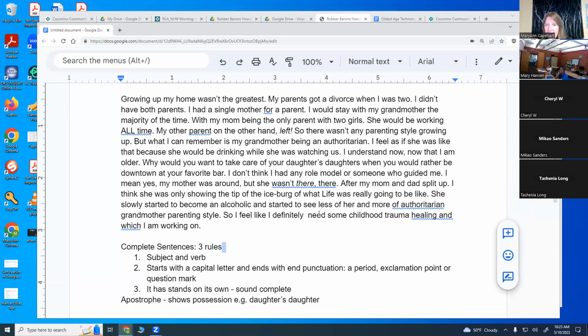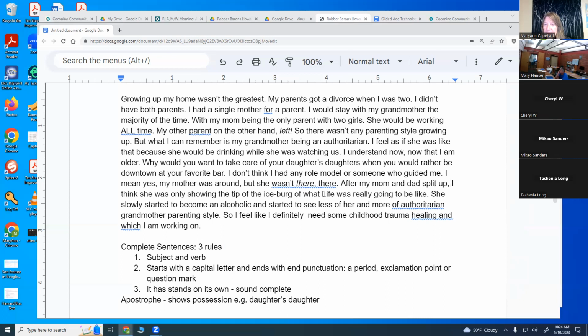After my mom and dad split up, again, that ends with a period, but is that a complete thought? If I came in the room after my, be like, wait, so what am I going to do? I might not join it to the sentence before, I might join it to which sentence? After. Yeah. After my mother and dad split up, I think she was only showing the tip of the iceberg of what life was really going to be about.